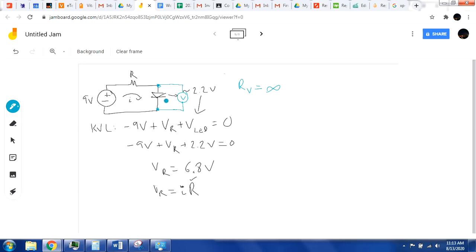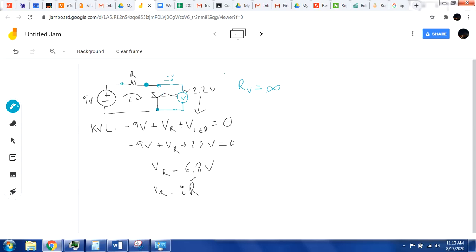And I should point out the resistance inside this voltmeter should be a really big number, because we don't want any current, or as little current as possible, going through this loop. Because if current's bleeding through this loop, we're lowering the voltage across this LED, and so we're affecting the quantity by measuring it. That's always a bad thing.